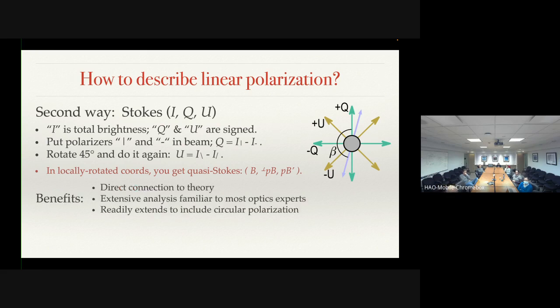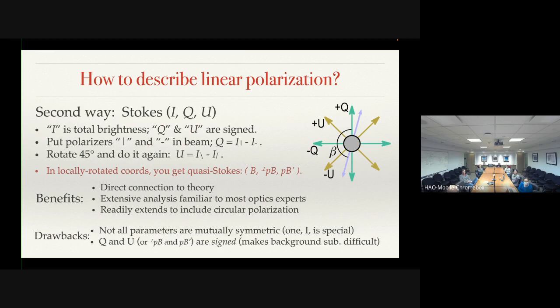Okay, benefits. You've got a direct connection to theory and extensive analysis. Everyone's familiar with the Stokes parameters. You can use Mueller matrices and stuff, and everybody likes that. And of course, you can extend that to circular polarization. The problem is, for PUNCH, that Q and U are signed. And from an aesthetic point of view, I is a special parameter.